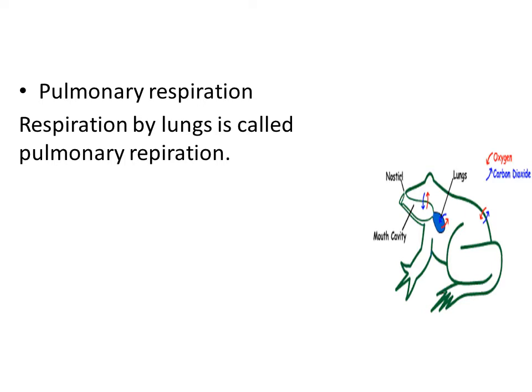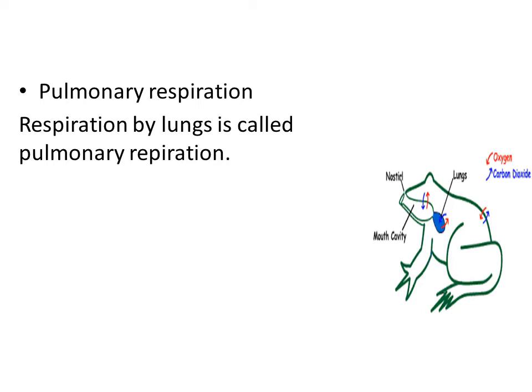We know that a frog has a pair of nostrils just above the mouth. This pair of nostrils helps in intake of oxygen. Through the nostrils, oxygen enters into the buccal cavity, and from the buccal cavity, it enters into the lungs. Clear? The lung is the major organ where oxygen diffuses into the blood, and from the blood, carbon dioxide diffuses back into the lungs.